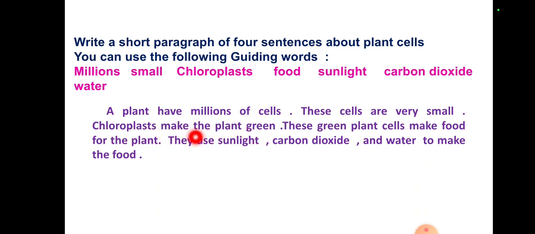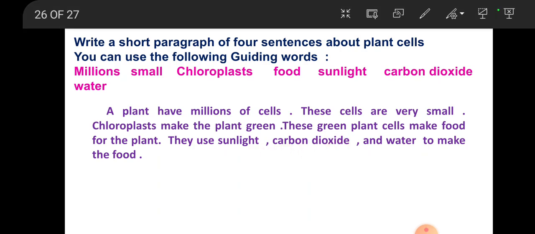These green plant cells make food for the plant. They use sunlight, carbon dioxide, and water to make the food.